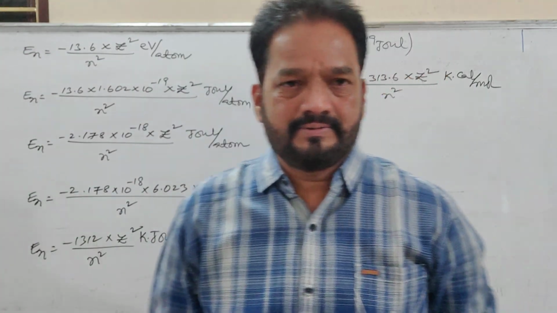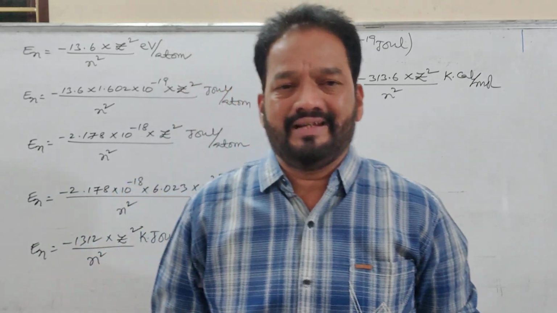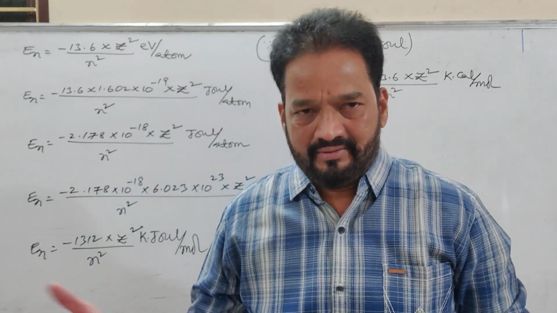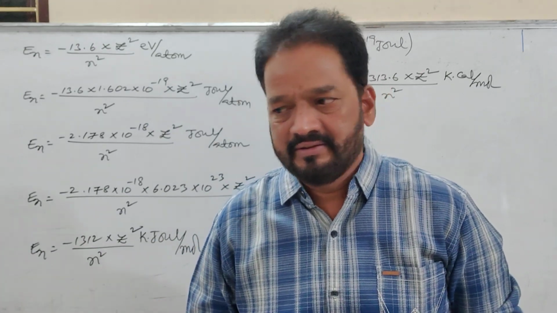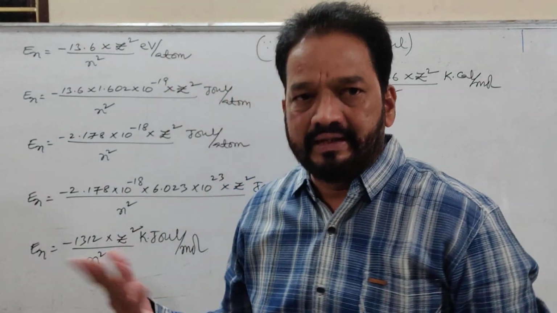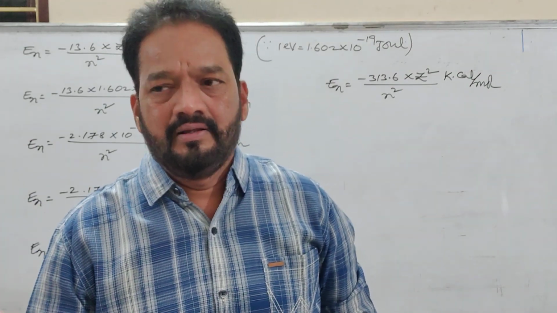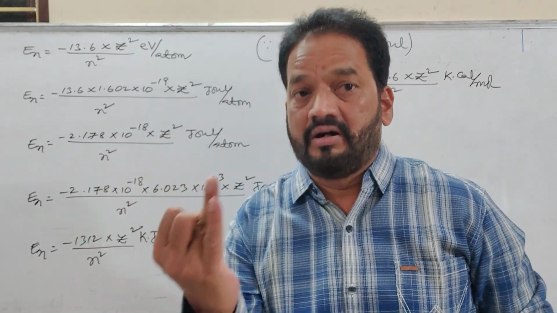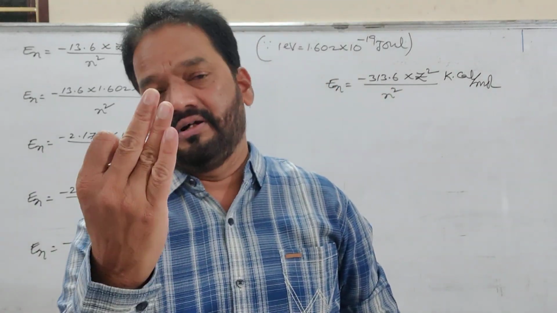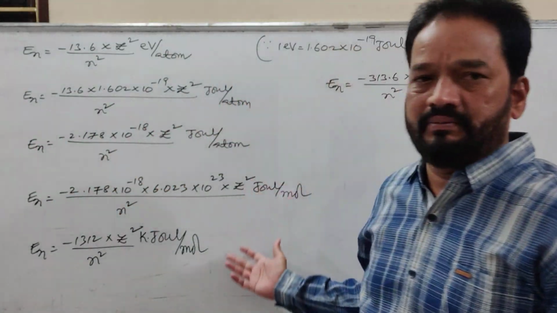So dear students, this is the way of energy expression and relating the energy in two different cases, and calculating the energy whenever they ask either in electron volt per atom or joule per atom or joule per mole or kilojoule per mole, calorie per mole or kilocalorie per mole.